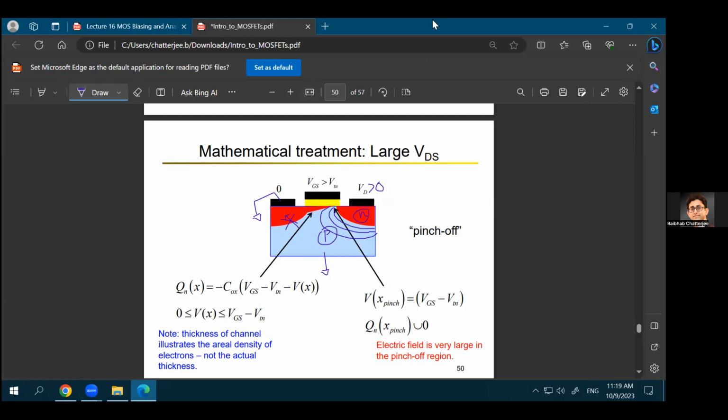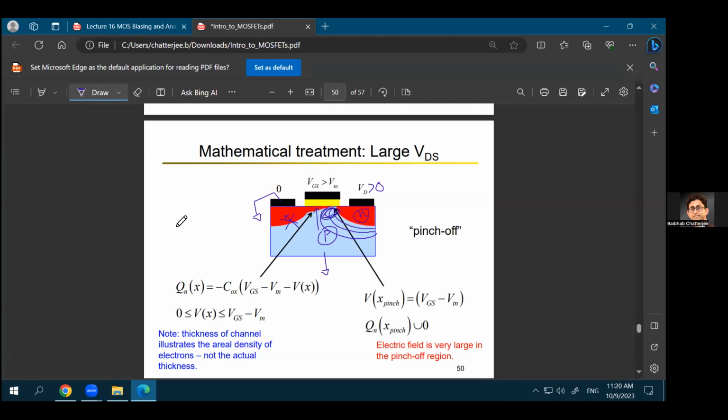Now, what happens to the channel is that you try to attract electrons from the bulk region or from the source region just below the gate. You are applying a positive gate voltage, which means you are trying to attract electrons just below the gate. But you know from the definition of the depletion region that there cannot be any mobile carriers in the depletion region. At the same time, if you apply a positive VDS, that will increase the depletion region over here, which means there will be no electrons near this drain region.